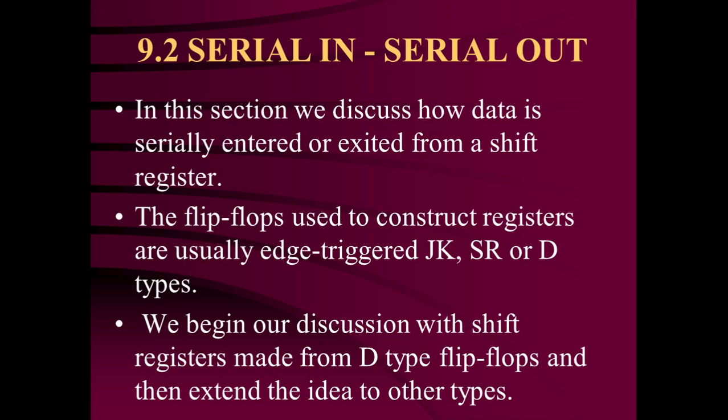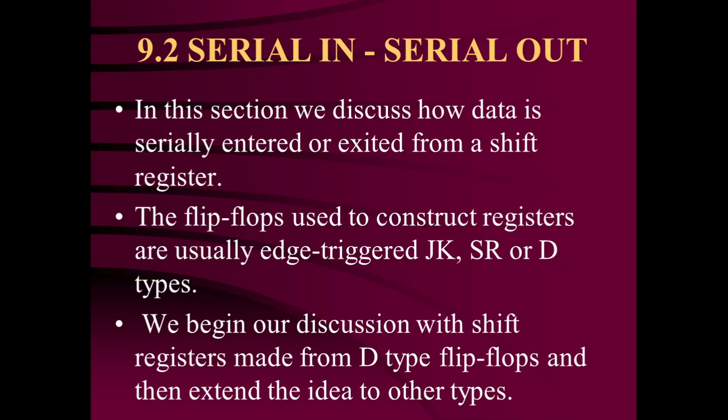The first shift register was the serial in serial out shift register. What is a serial in serial out shift register? It has one input, and the data can be entered into this shift register in a serial fashion, that means one bit at a time.